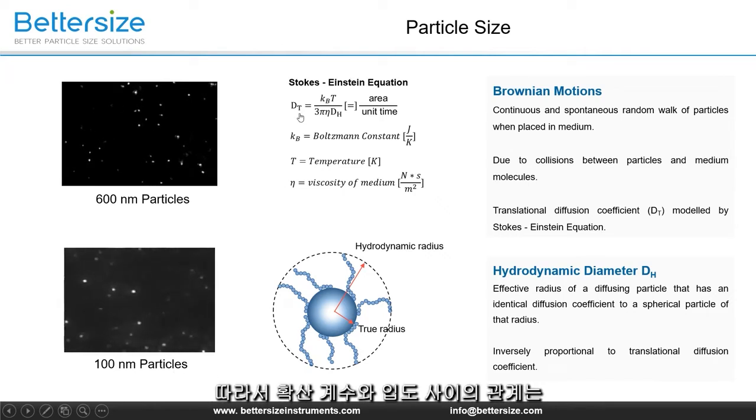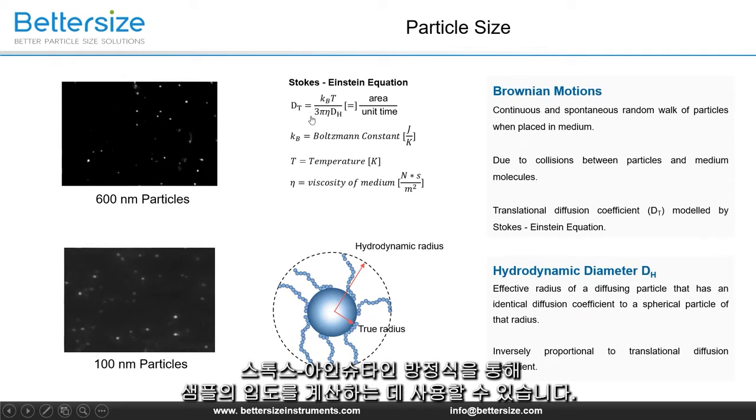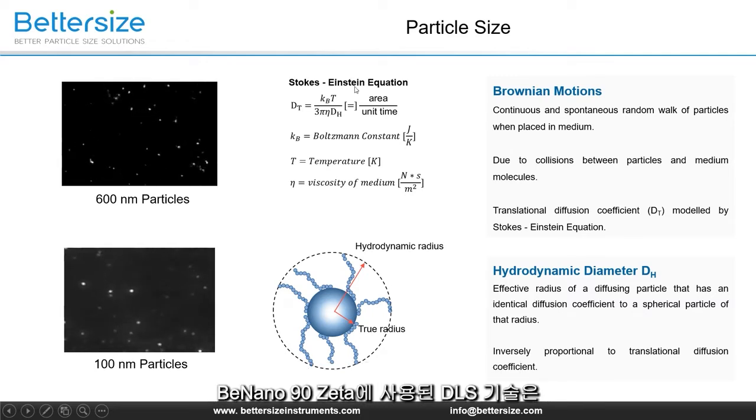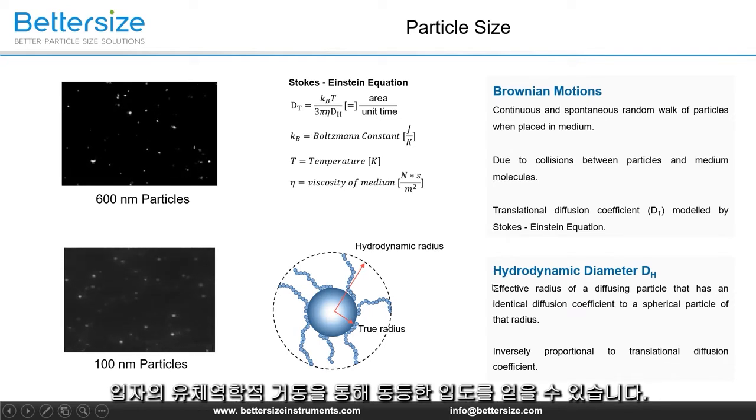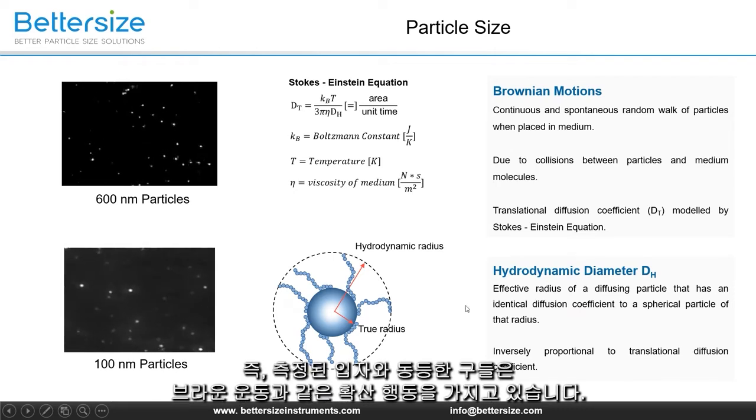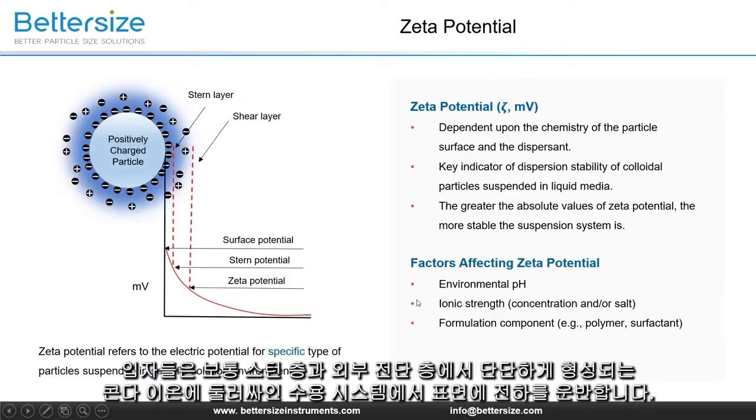Therefore, the relationship between the diffusion coefficient and the particle size can be used to calculate the particle size of the sample through the Stokes-Einstein equation. The DLS technique utilized in the BeNano 90 Zeta can obtain the equivalent particle size through the hydrodynamic behavior of the particles. In other words, the measured particles and the equivalent spheres have the same diffusion behavior, namely Brownian motion.